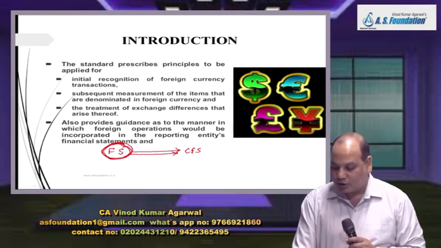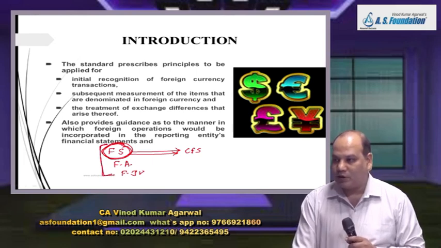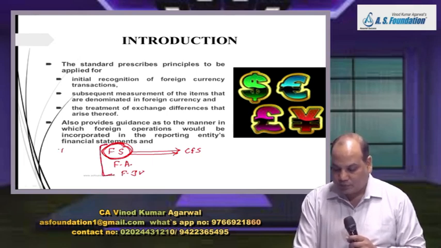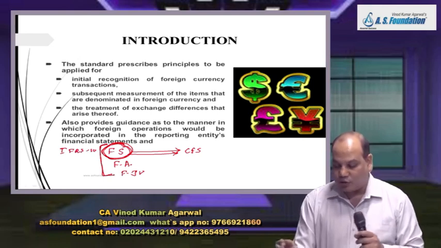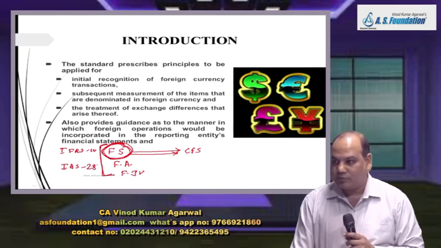Foreign operation can be a foreign subsidiary, foreign associate, foreign JV. So basic consolidation rule will be followed as per respective standard. For example, for subsidiary, the basic rule of consolidation will be as per IFRS 10, and for the other two, it will be IAS 28.